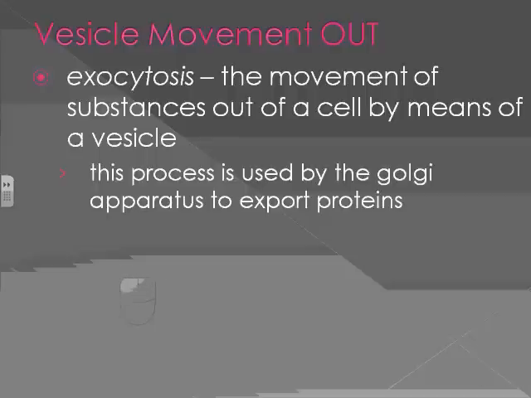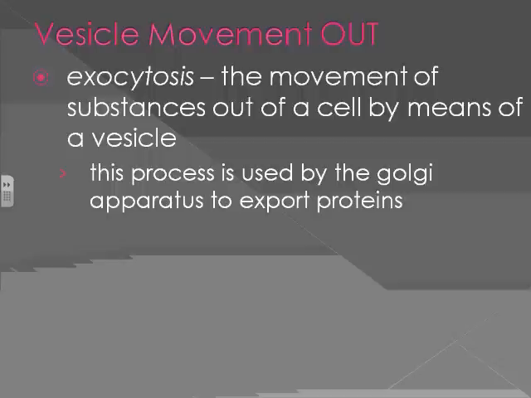You ate something for lunch, you ate protein, whatever, and the protein has gotten into your cells. Your cells have broken them down, and now you have all these little amino acids floating around. Those amino acids need to be assembled into a protein that you actually need. Let's say the protein that your body needs is hemoglobin. Hemoglobin is the protein on red blood cells that's responsible for carrying oxygen.